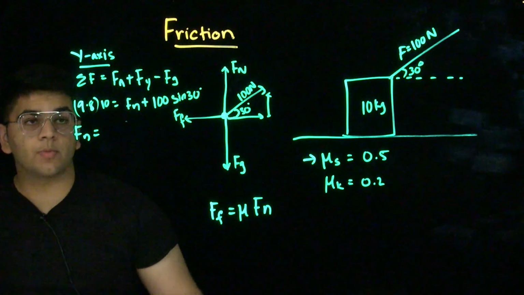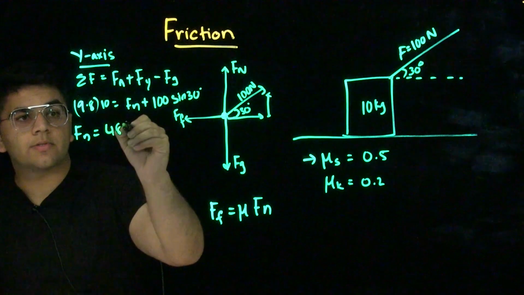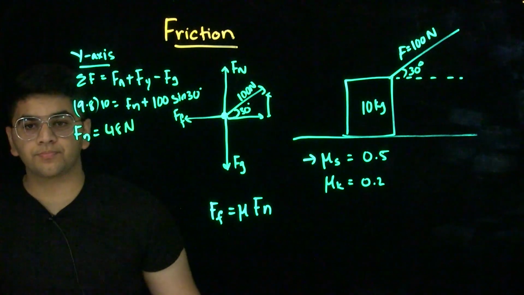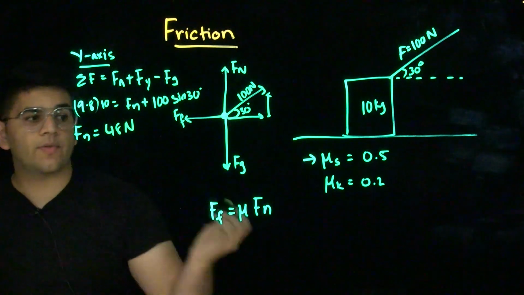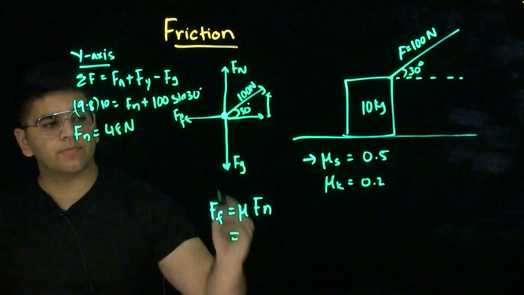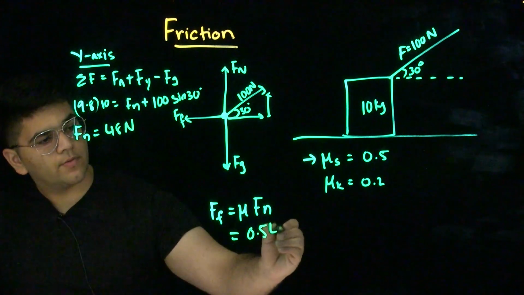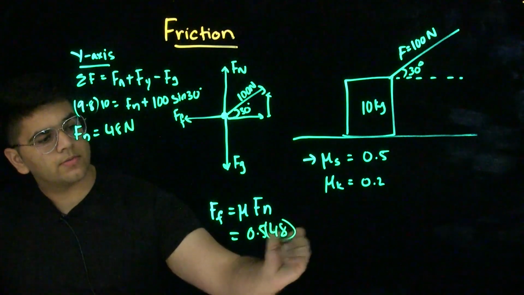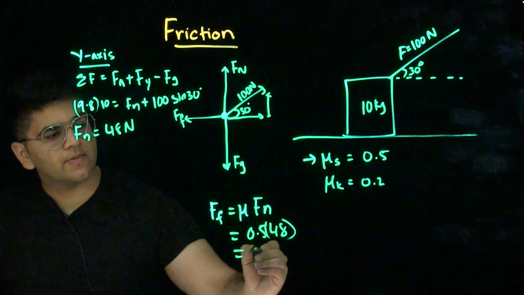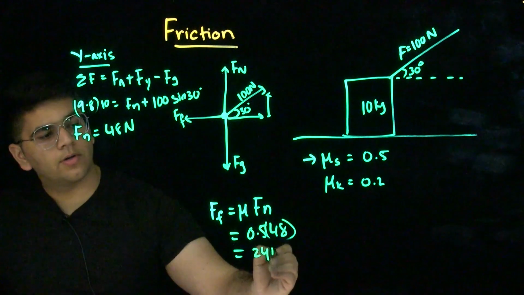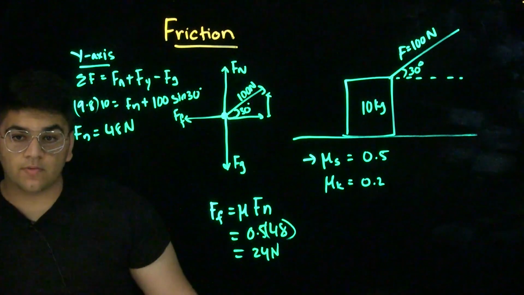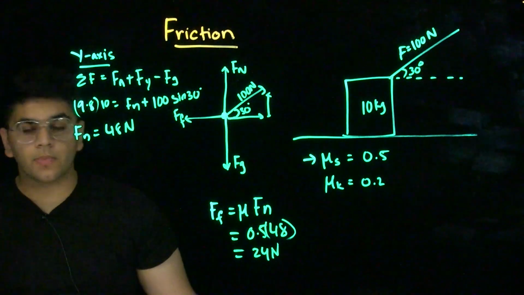So our normal force will be 48 newtons. Now, since we have the normal force, we can find the force of friction, which will be 0.5 times 48 newtons, which gives us 24 newtons as the maximum friction force exerted by the static friction.